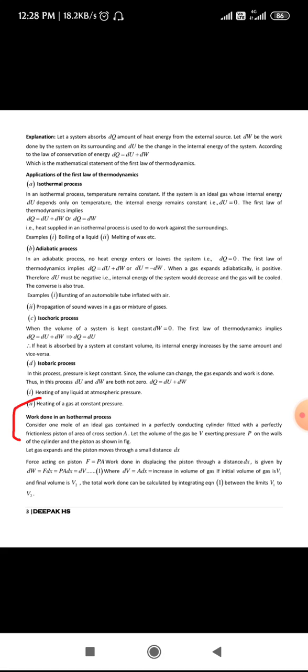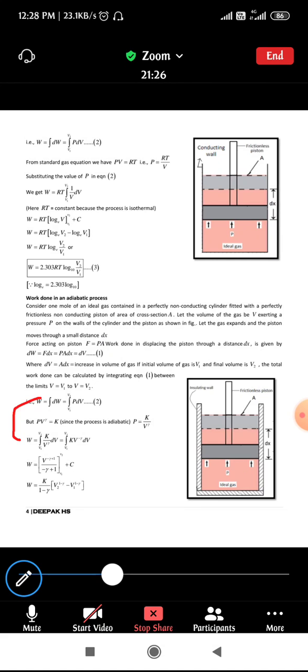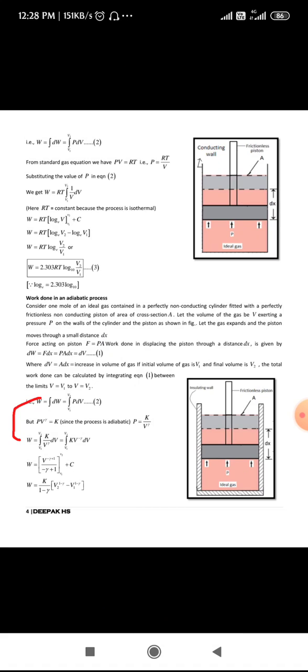In order to calculate the total work done by the gas molecules in displacing the piston, we integrate equation 1 with the limits V1 to V2. So W is equal to the integral from V1 to V2 of P dV. That is equation 2.